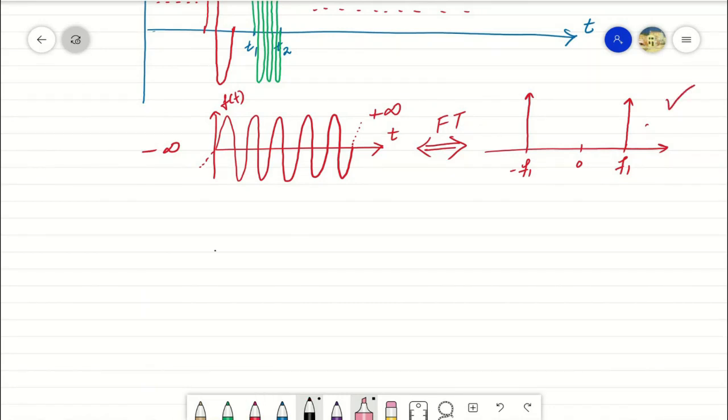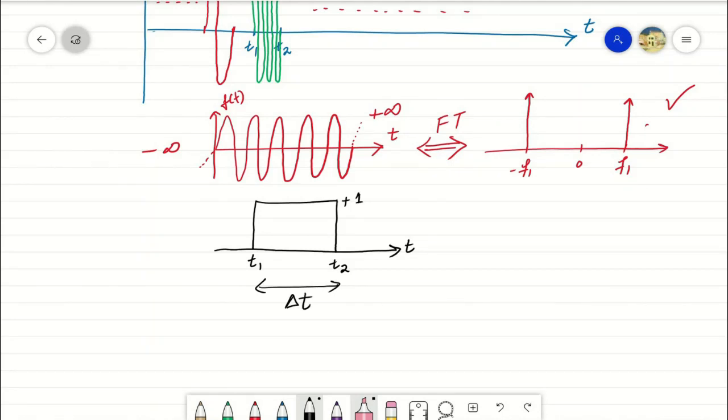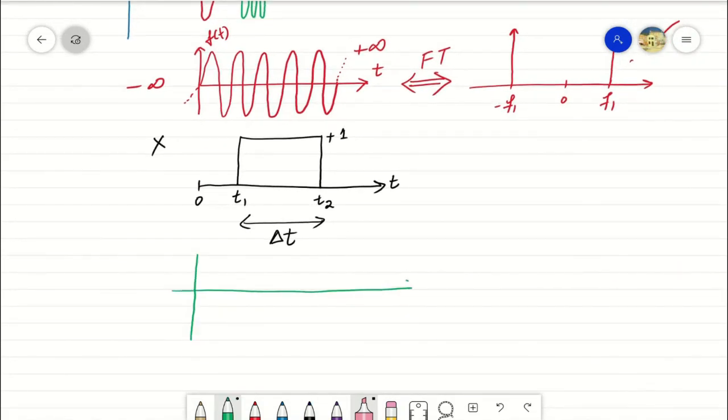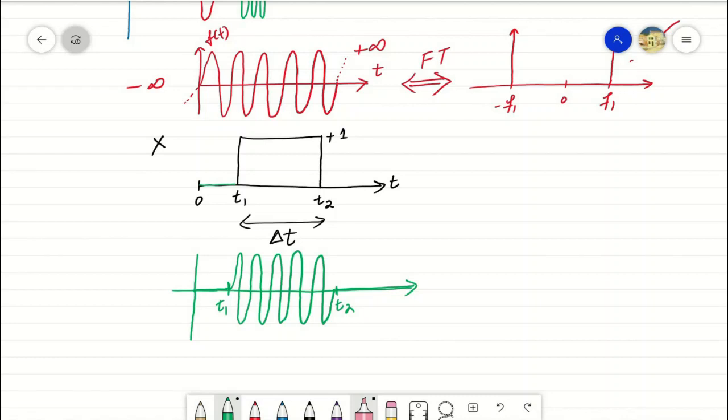However, if we limit the sinusoid signal in time domain, that is by multiplying it with a filter in time domain, for example, which has a magnitude of plus 1 for a limited span, that is from the time instant t1 to time instant t2, for example, if it is separated by the span delta t, by multiplying these two signals in time domain, we get a sinusoid which has a limited duration, that is from time instant t1 up to time instant t2. So after multiplying the first two signals, we have obtained this third signal.